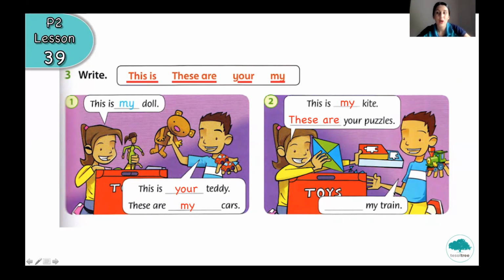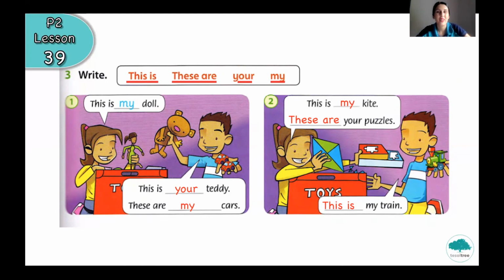Good. And now let's have a look at our boy. He has a train because he shows a train. Let's read this sentence. Beep, my train. So what are you going to write here, P2? Can you tell me? This is very good. This is because only one train the boy has.